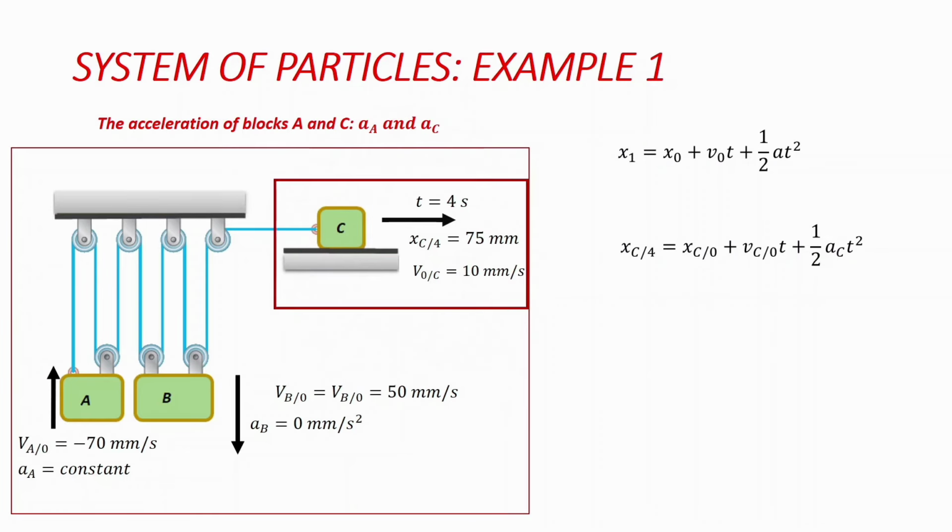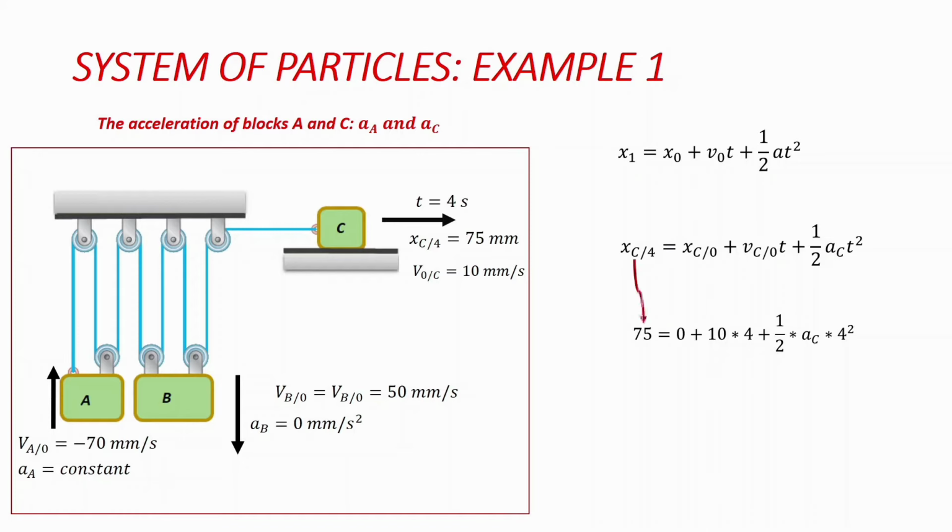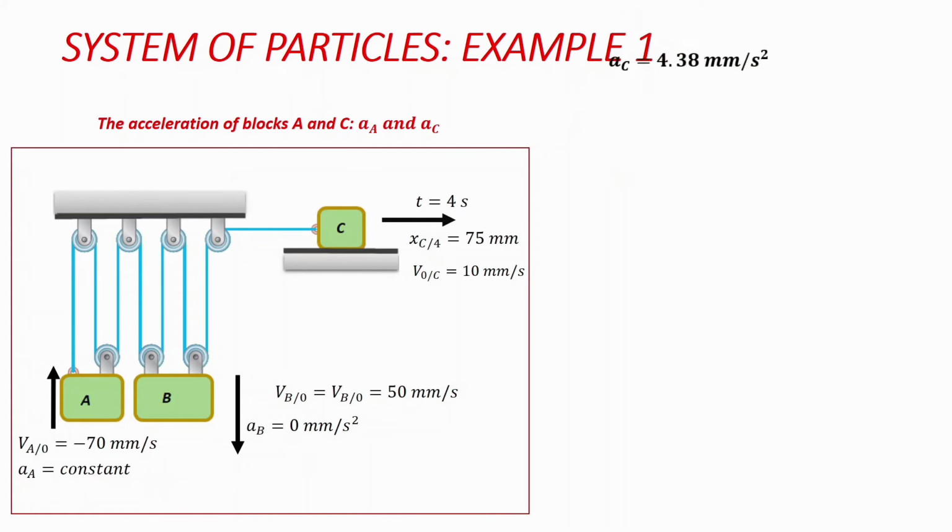So we input all these values into the equation, and we get 75 equal to 0 plus 10, the initial velocity, times time 4, plus half times the acceleration we are looking for, times the time, 4 raised to the power 2. If we evaluate this, we get that the acceleration of particle C, that's block C, is equal to 4.38 millimeter per second squared.